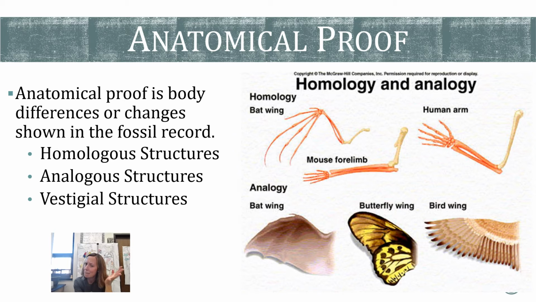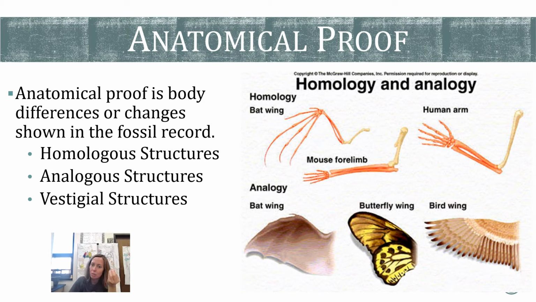Remember when we did different types of evolution, we talked about divergent is when they're the same and they become different, whereas convergent is when they start different and they come together, right? So homologous structures are in organisms that went through divergent evolution. Here we have bat wings, mouse wings, and human arms. They all have the same underlying bone structure, so that's the similarities. But they're all used for very different things, right?